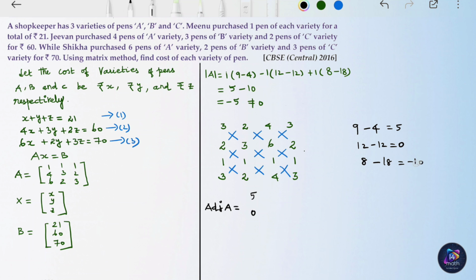That is minus 10. Next, 2 into 1, 2, minus 1 into 3, 3. 2 minus 3 is minus 1. 3 into 1, 3, minus 1 into 6, 6, that is minus 3. 6 into 1, 6, minus 1 into 2, minus 2, that is 4.